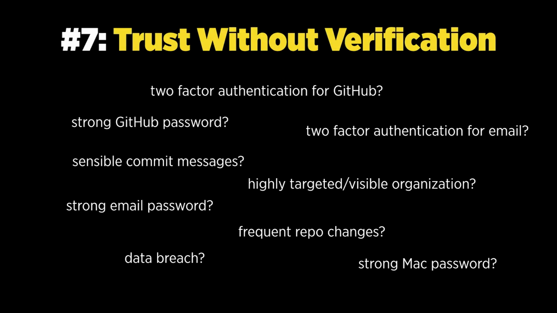I don't know for sure that everybody in the AutoPkg repo organization uses two-factor on their GitHub account, or uses two-factor on their email, or has a good Mac password, or even any Mac password. If their computer gets owned, then their AutoPkg repo gets owned, and then I get owned. So there has to be some embedded level of trust that goes above and beyond just knowing somebody or trusting them personally, or even reading their code once and trusting it.